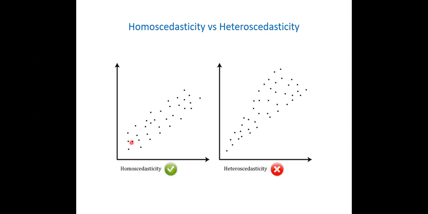You see that the deviation is widening as the graph goes up. That means the residuals are not equidistant. The variability of the residuals around the line is not constant. That is called heteroscedasticity. The first one is homoscedasticity.